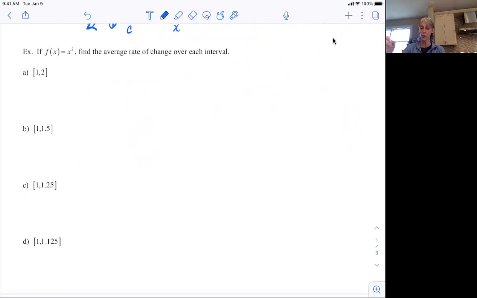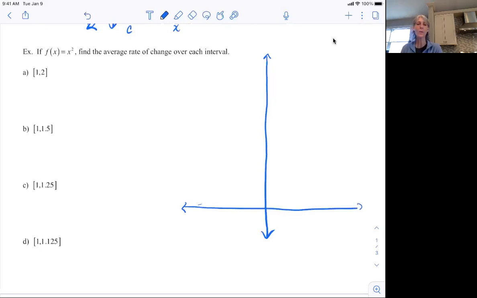Okay. So if we take our first example, we're just taking the average rate of change over each interval. If f of x equals x squared, I want to find the average rate of change on the interval 1 to 2. Before we begin, let's talk about what we're actually doing. f of x equals x squared is the graph of y equals x squared. I'm going to try to make this a nice big graph for us to work on.